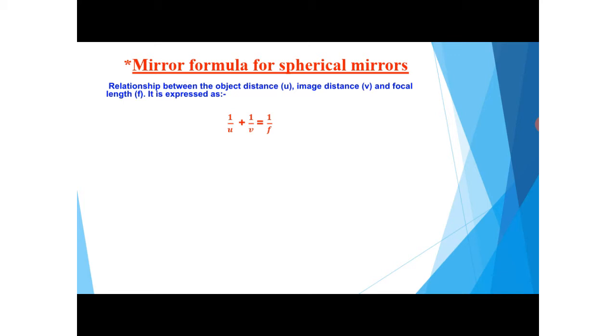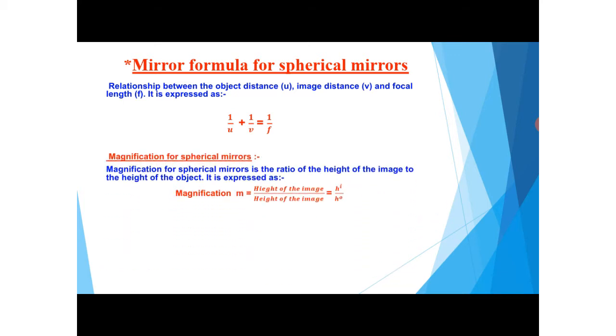Now let us figure out in both cases whether the image formed is magnified or not, or how much the image is magnified as compared to the size of the object. So what is magnification for a spherical mirror? Magnification for a spherical mirror is the ratio of the height of the image formed to the height of the object used.